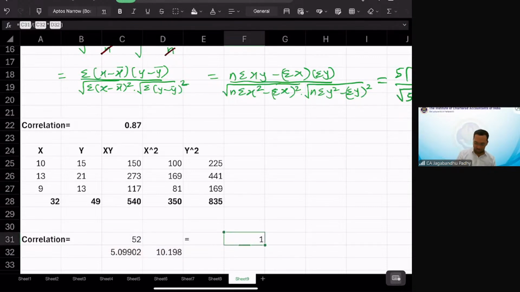Let's check. If we're getting the correlation value as 1 for this data, is the correlation value equal to 1?